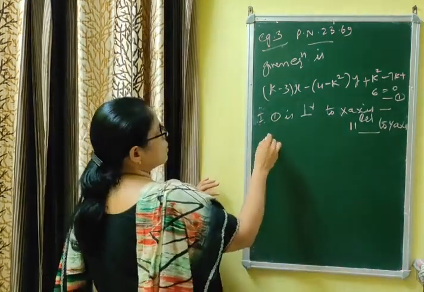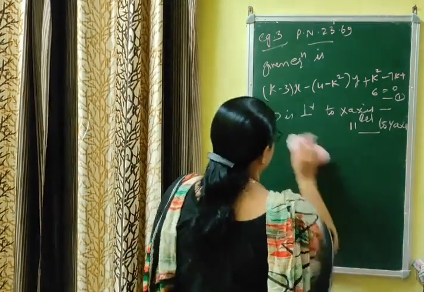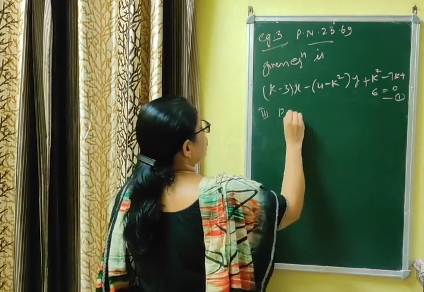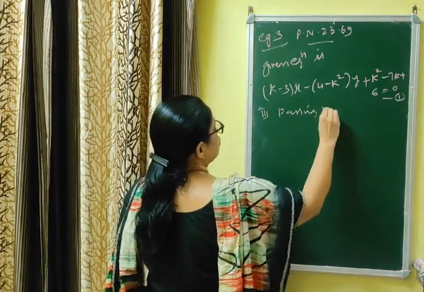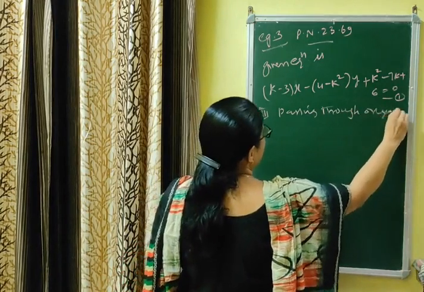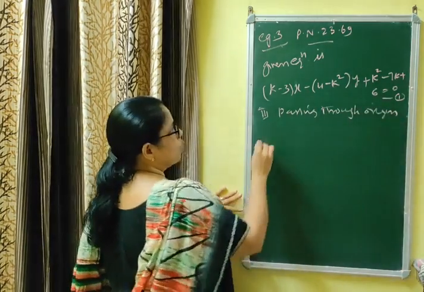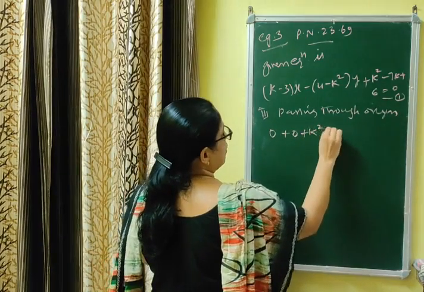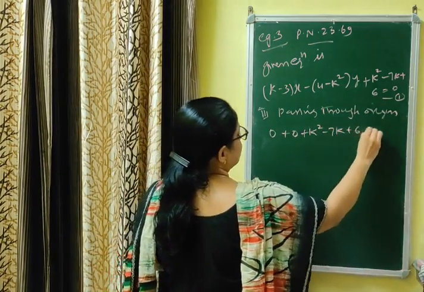Now the third part is if it is passing through origin. If the line passes through origin, the value of x coordinate becomes 0 as well as the value of y coordinate becomes 0. That means 0 plus k square minus 7k plus 6 equal to 0.